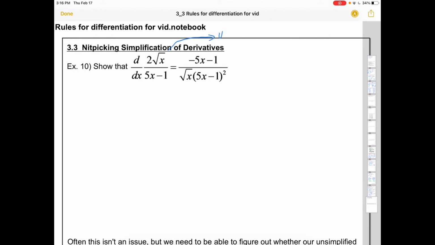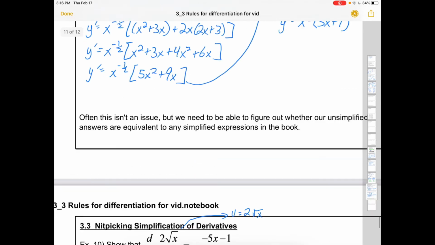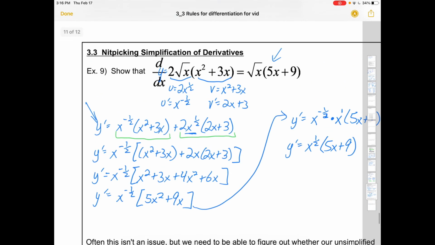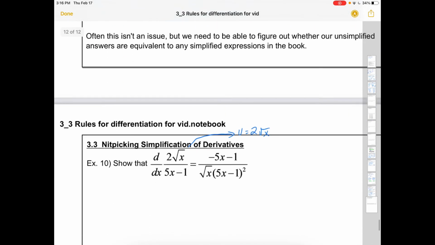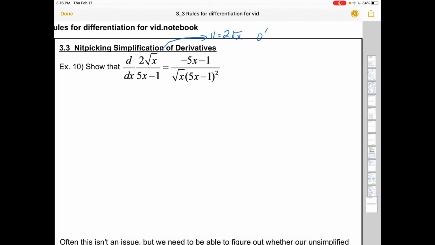So in this one, my u is 2 root x. That's the same as we had up here. So we've already established that u prime is going to be x to the negative 1/2. The bottom here, v is 5x minus 1. And v prime is just going to be 5.